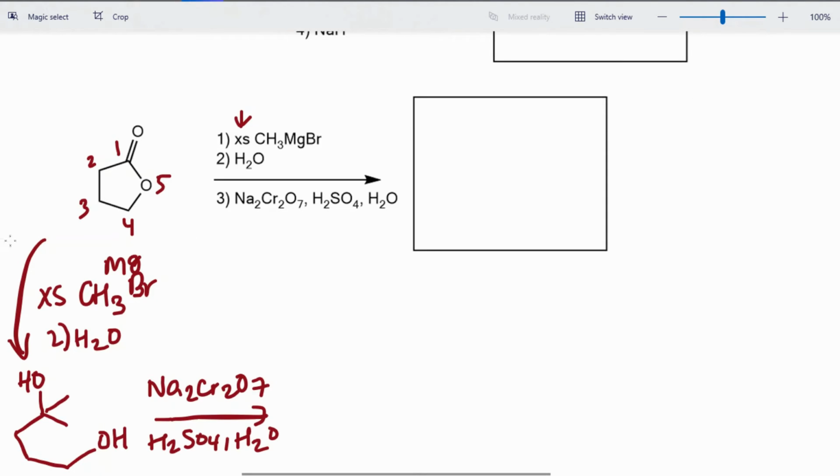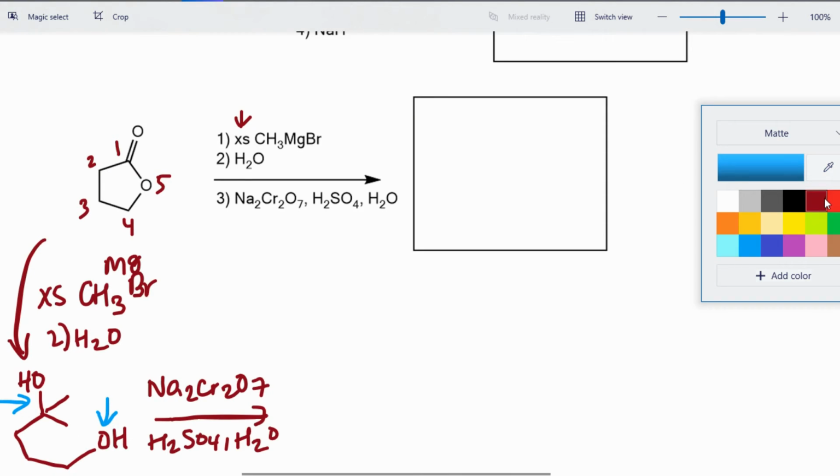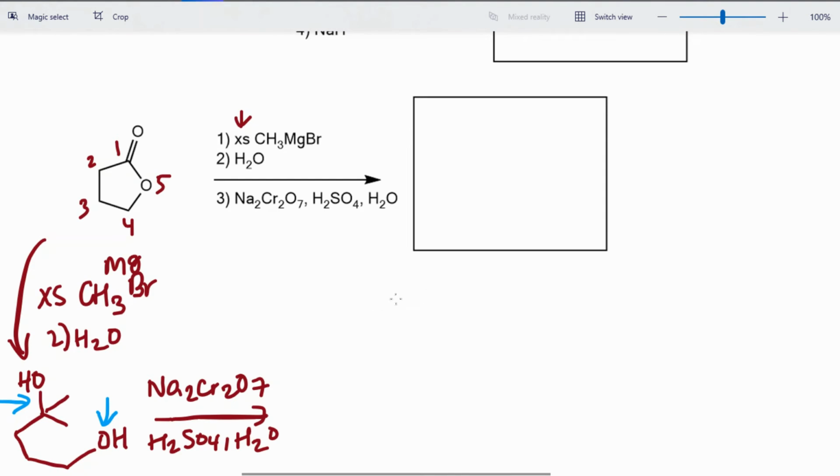We have a tertiary alcohol towards the very end, right here, so that's a location that cannot be attacked. However, this location is perfectly fine because it's a primary alcohol. But recall that primary alcohols can oxidize twice. And so your end product is actually going to be a carboxylic acid with an alcohol at the very end.